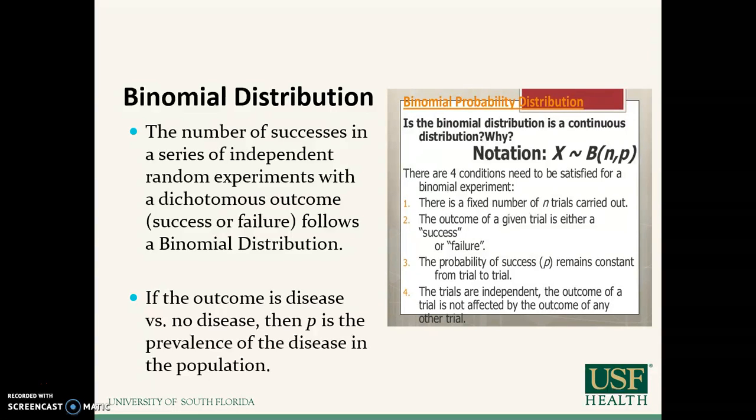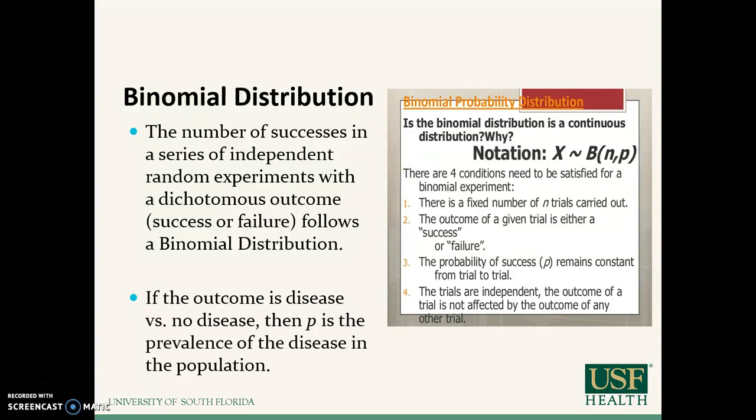Okay. So there are 4 conditions for this binomial experiment. 1, there is a fixed number of n trials carried out. 2, the outcome of a given trial is either a success or failure. 3, the probability of success p remains constant from trial to trial. And 4, the trials are independent.